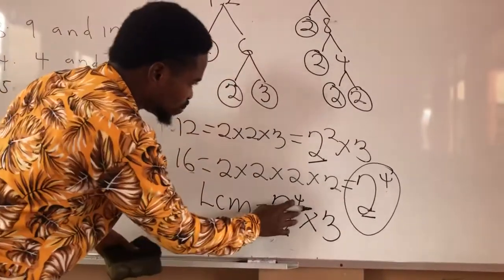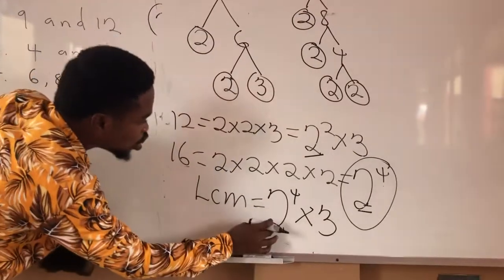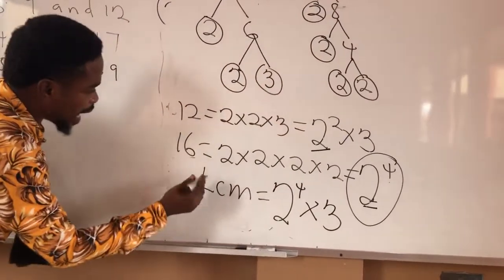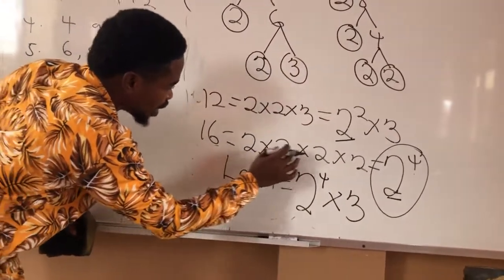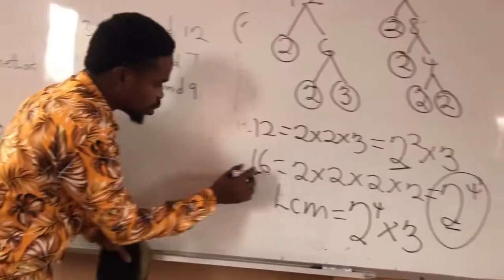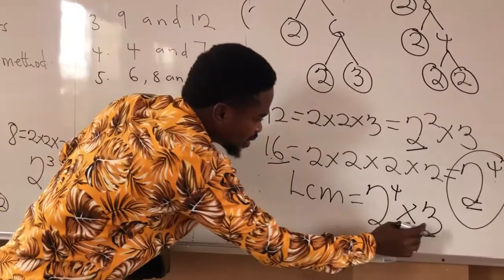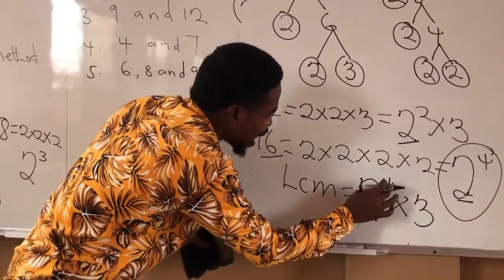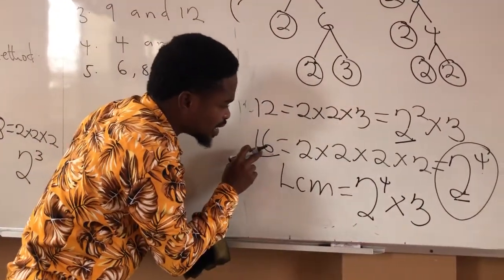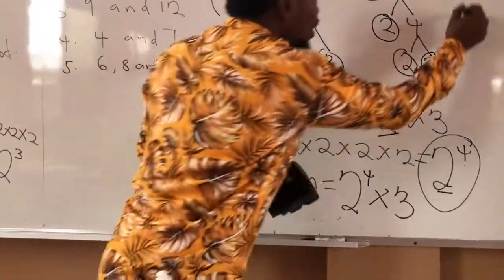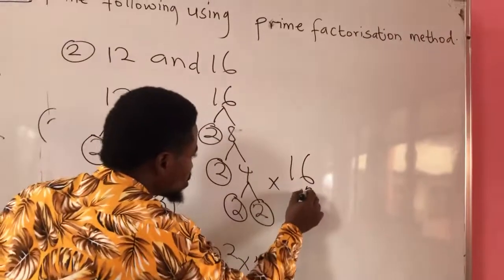Now let us multiply this and see. 2 raised to the power 4 is the same as 2 times 2 times 2 times 2, which will give us 16. So 16 times 3.